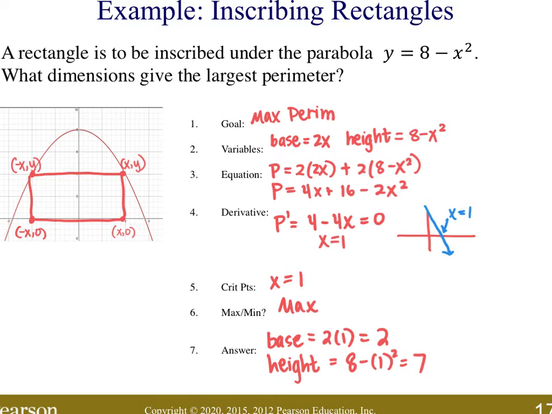Okay, 2 by 7. That's a really skinny rectangle. And so the drawing of that is actually a rectangle that looks more like this. It's a really tall and skinny rectangle. But I didn't know that when I started out the problem. I started with an arbitrary rectangle, and it turned out that the largest perimeter is the skinniest rectangle.